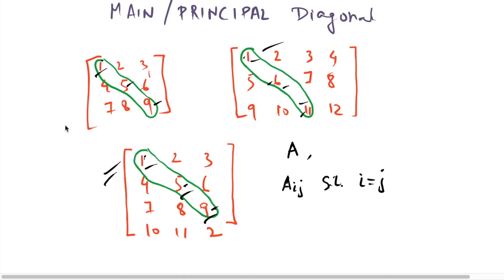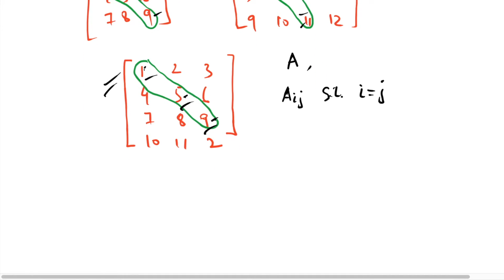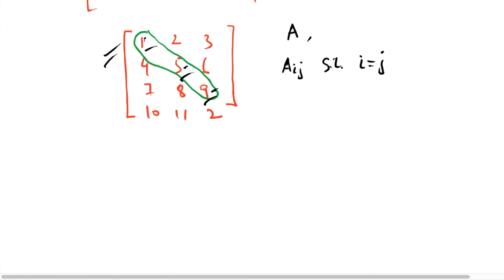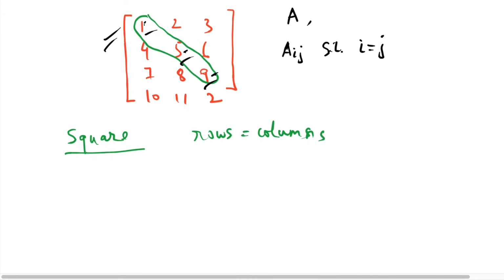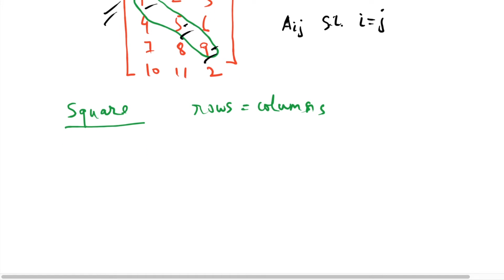So now, I think I've already spoken about square matrices, but just to repeat it here: a square matrix is one where the number of rows is equal to the number of columns. So any 2 by 2 matrix, any 3 by 3 matrix, any 4 by 4 matrix is a square matrix. Now let's move on to something more interesting.